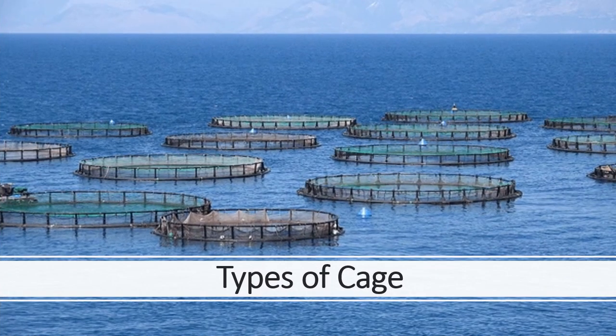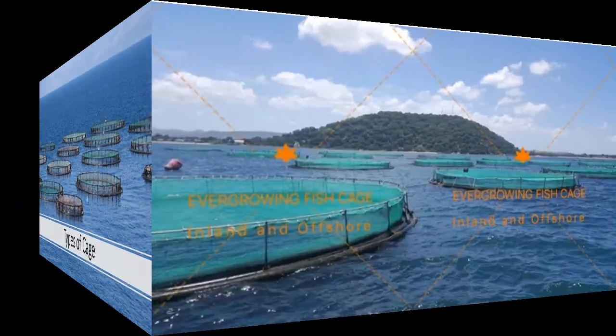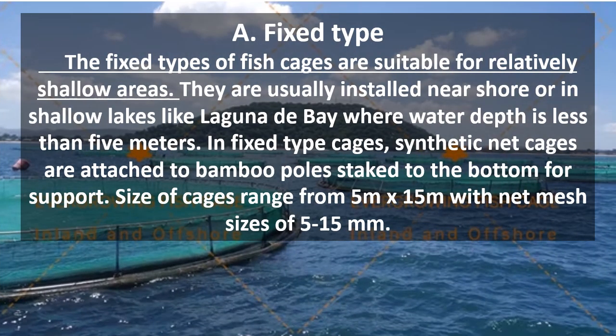Now let us have the types of fish cage. The first one is fixed type. The fixed types of fish cages are suitable for relatively shallow areas. They are usually installed near shore or in shallow lakes like Laguna de Bay, where the water depth is less than 5 meters.